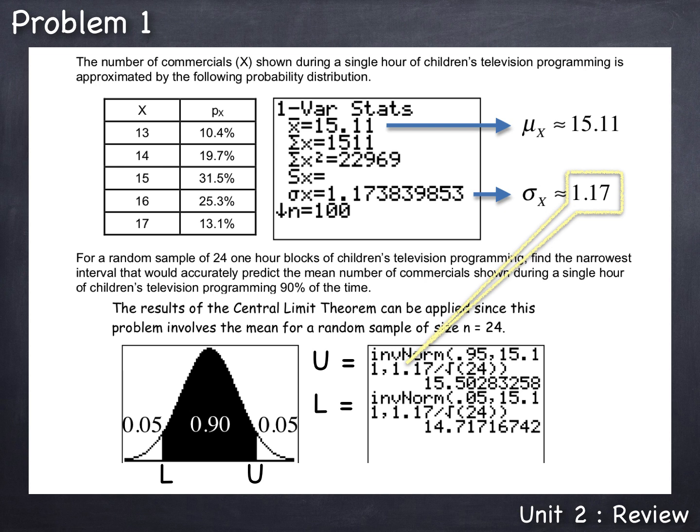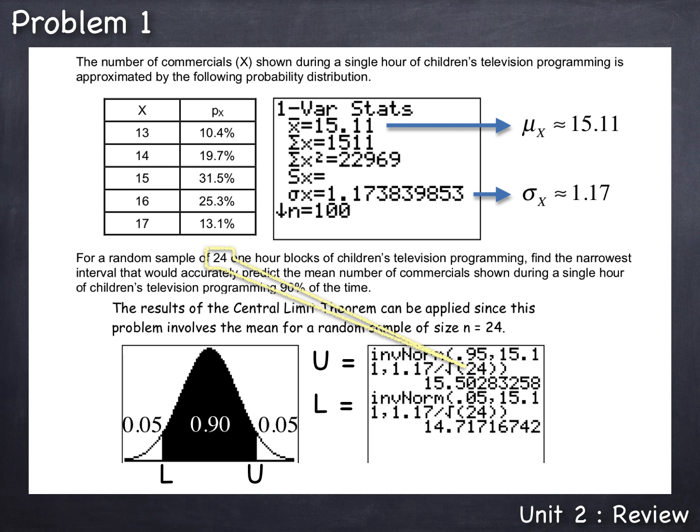But after we enter this population standard deviation of 1.17, we recall that the central limit theorem tells us that the standard deviation of the sample means is equal to the standard deviation for the population divided by the square root of n, the sample size.